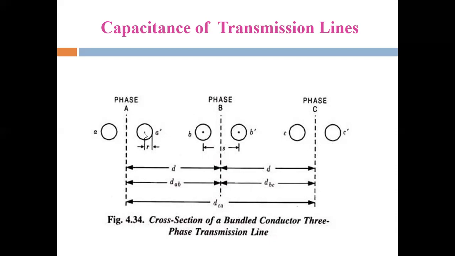The radius of each conductor is R and the distance between the two conductors of a bundle is S. Then the distance between phase A and phase B is D, and phase B to phase C is also D. So it is DAB, DBC, and the distance between A and C is DCA. This is the cross sectional view of a bundle conductor three phase overhead transmission line.